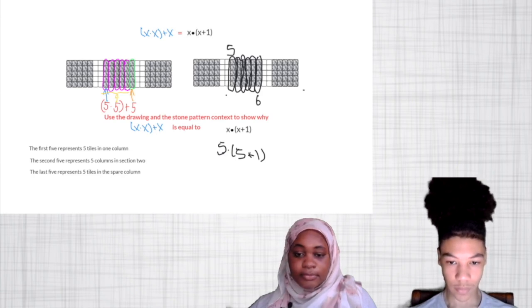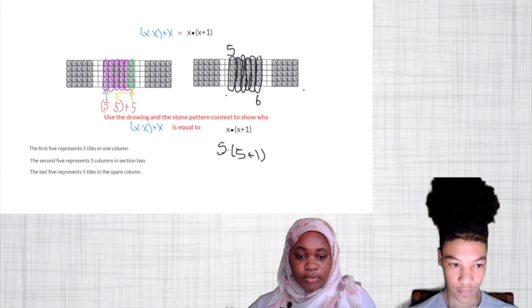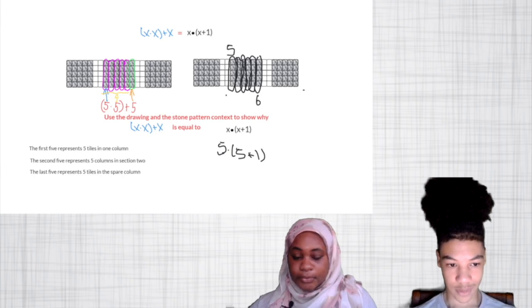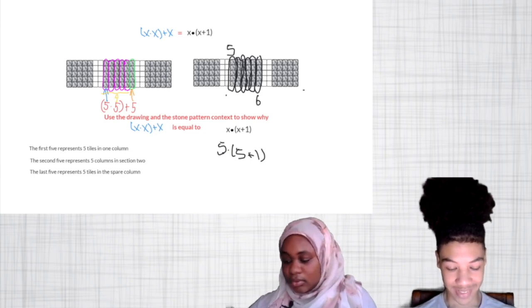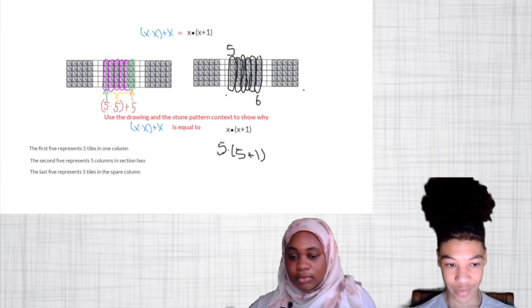So what's alike and what's different between what Haleemah did and what ET did? ET is representing what x times x plus x means, and Haleemah was representing what x times x plus 1 means for size 5. What's alike and what's different here? Well, something that's different is the x plus 1.